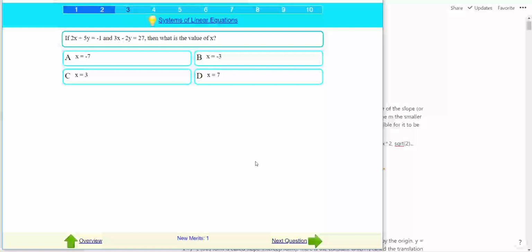So we have 2 multiplied by -3 over 3. You have -2 plus 9. x would equal to 7. Yeah, x would equal to 7.